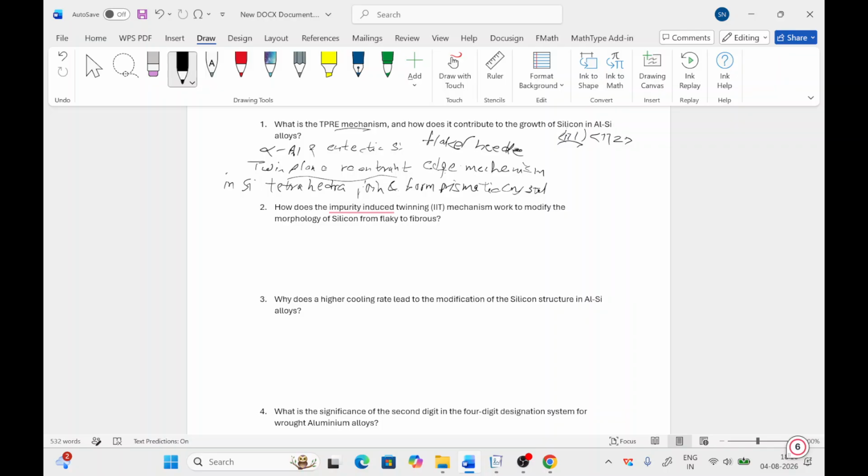Okay, and after that, in the 112 direction, I will form a diagram.